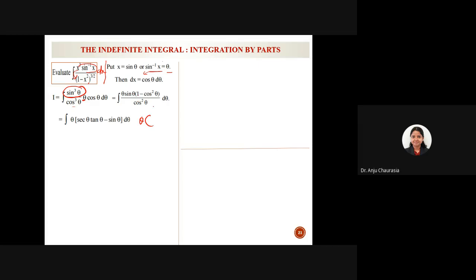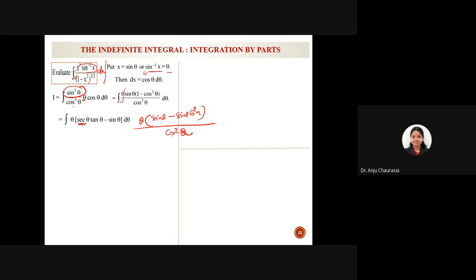So here sine theta minus sine theta cos square theta, divided by cos cube theta. When you do sine theta by cos theta, it will be tan theta, and one cos theta will remain here, that will be sec theta.